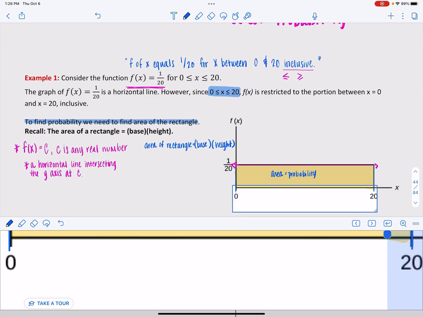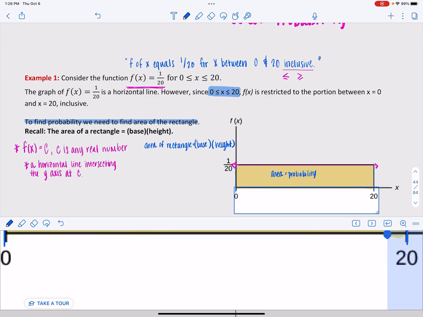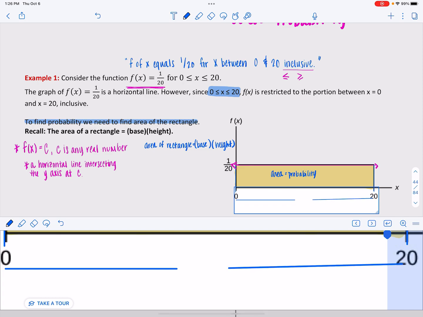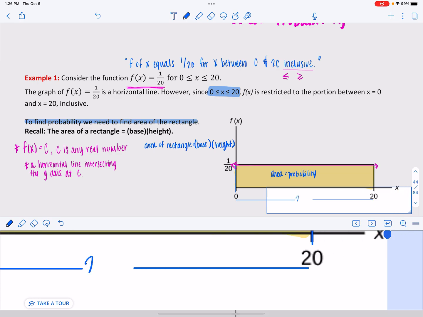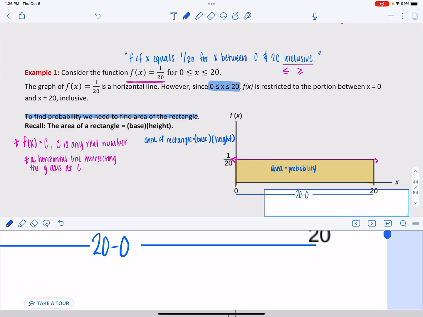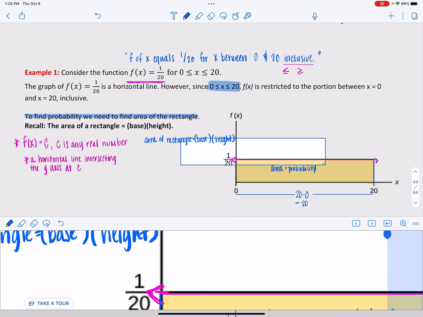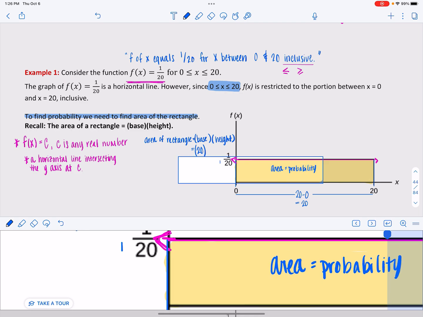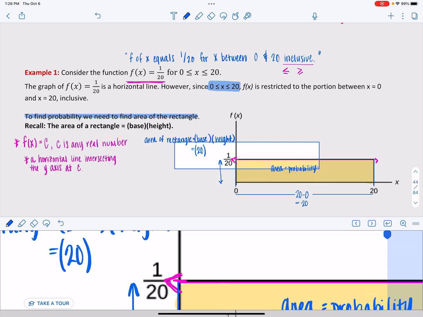So here's my base. I know from the graph that the length of my base is 20 minus 0, or just 20. And then I need the height of my rectangle. Well, that's 1/20.